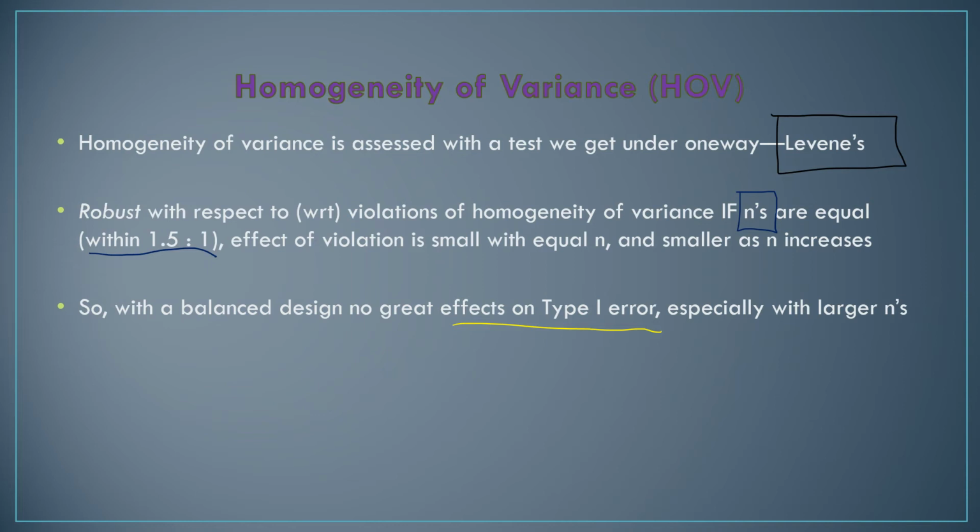And so you want to make sure that you both have an ample sample size for your sample as a whole, but also you have a balanced design where your groups have similar sample sizes.